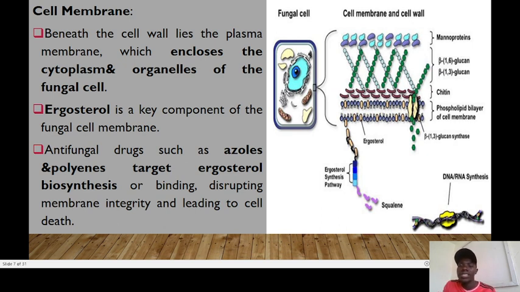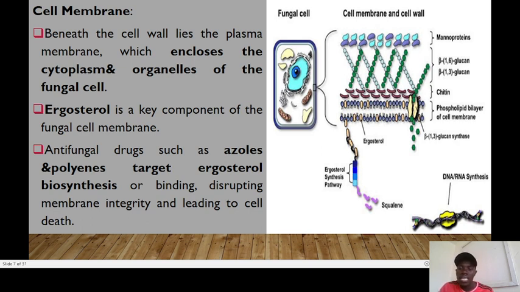It normally poses a risk because when you give some antifungals, they might not be able to really differentiate between the two, so they target both, and that leads to several side effects, which we are going to be looking at toward the end of this presentation. But for now, guys, we have to know that antifungal drugs such as azoles and the polyenes normally target ergosterol biosynthesis.